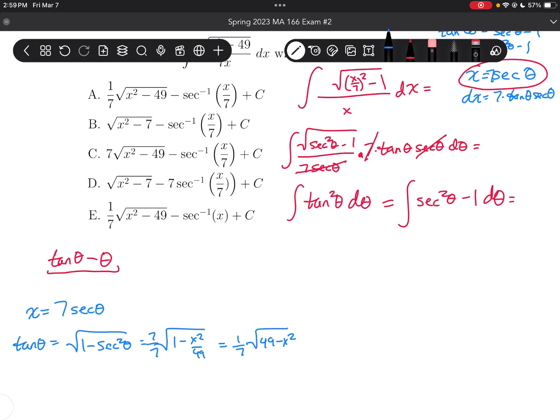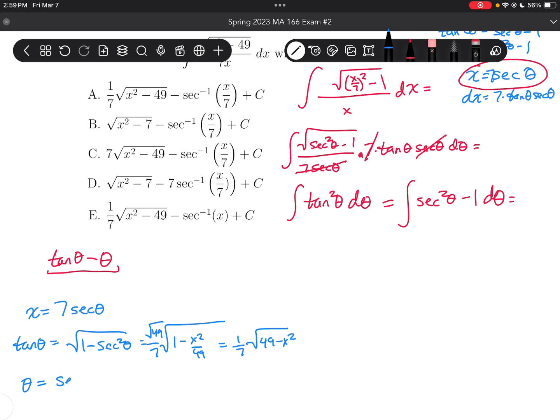So tangent theta is equal to the square root of x squared minus 49 over 7. If you still can't see, it might make more sense: I can multiply the top by root 49 and the bottom by 7, and that's how I get this value for tangent theta.